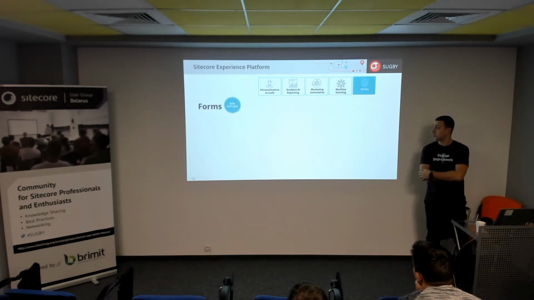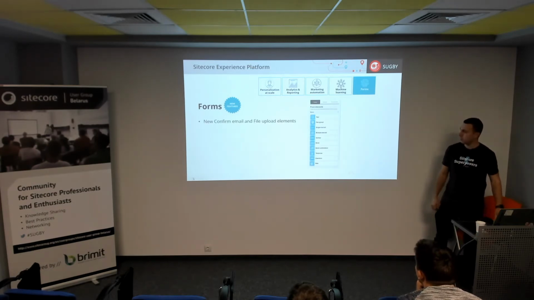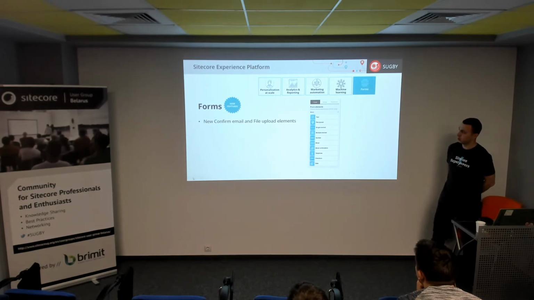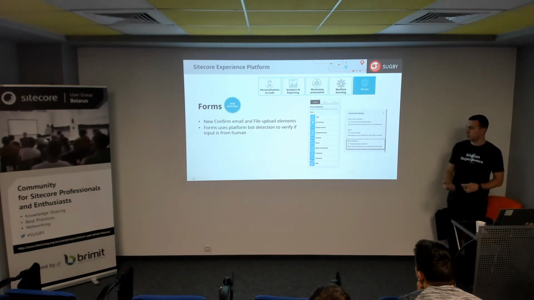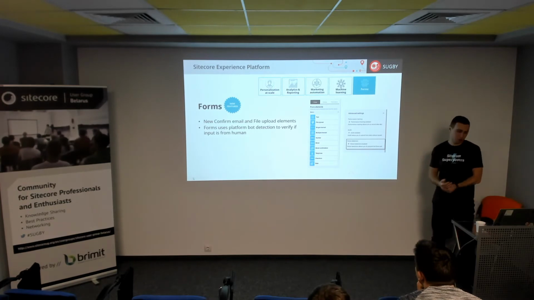And a few new things for Sitecore Forms. Now we have the confirmation email and file upload elements, which were not available before. Now Sitecore Forms uses platform bot detection, so we don't need to use CAPTCHA anymore. Bot detection will verify if the data is coming from a human.